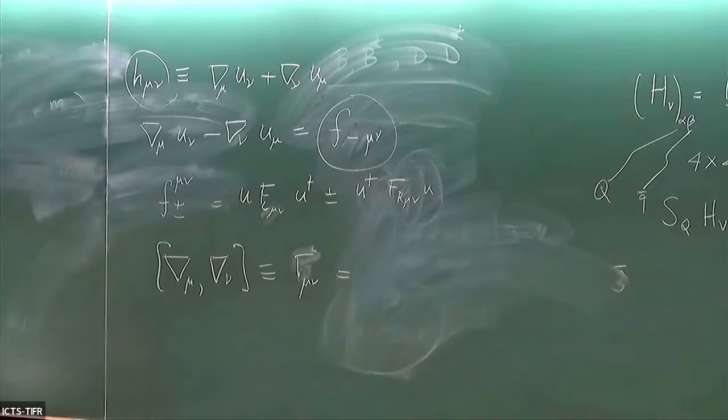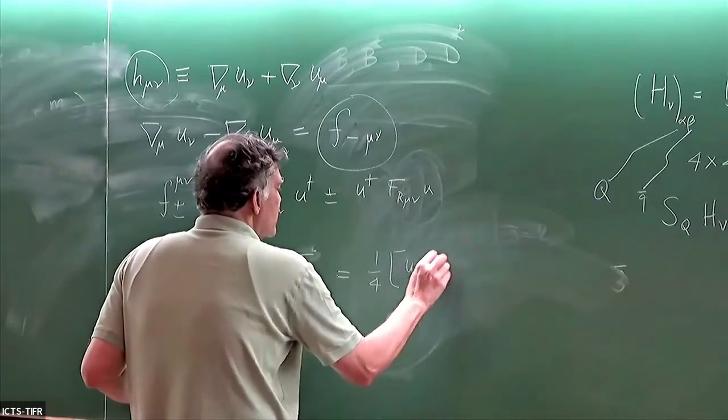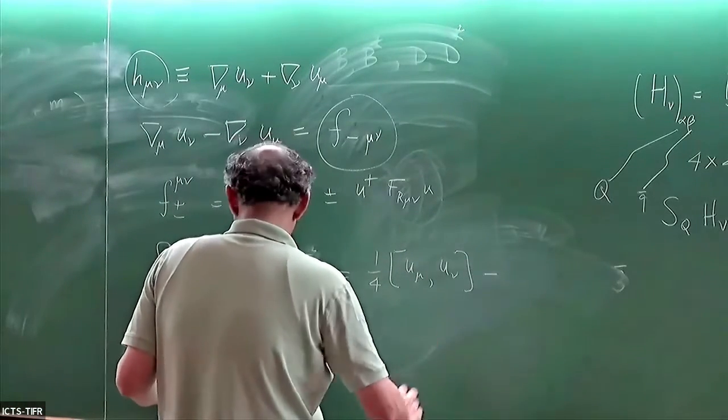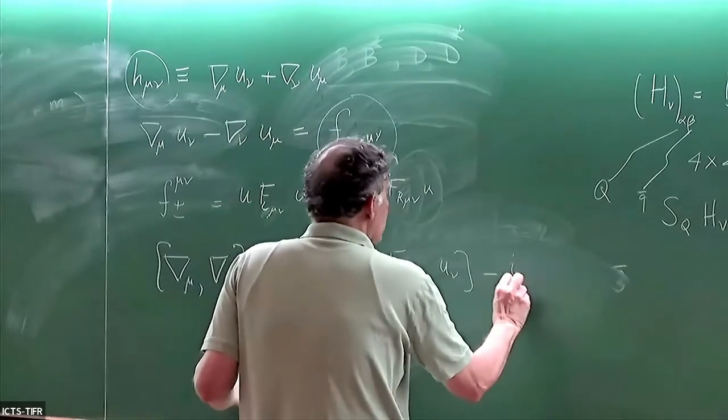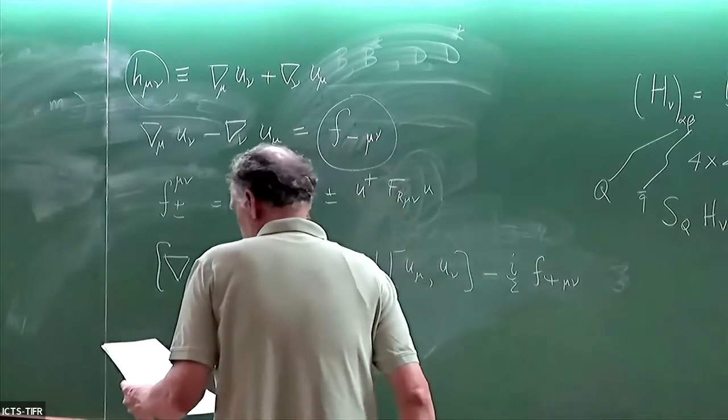These are your exercises to verify: just explicitly work out the derivatives, you know what V is, etc. You can show that this is a quarter of [u_μ, u_ν] minus i/2 f^+ μν.